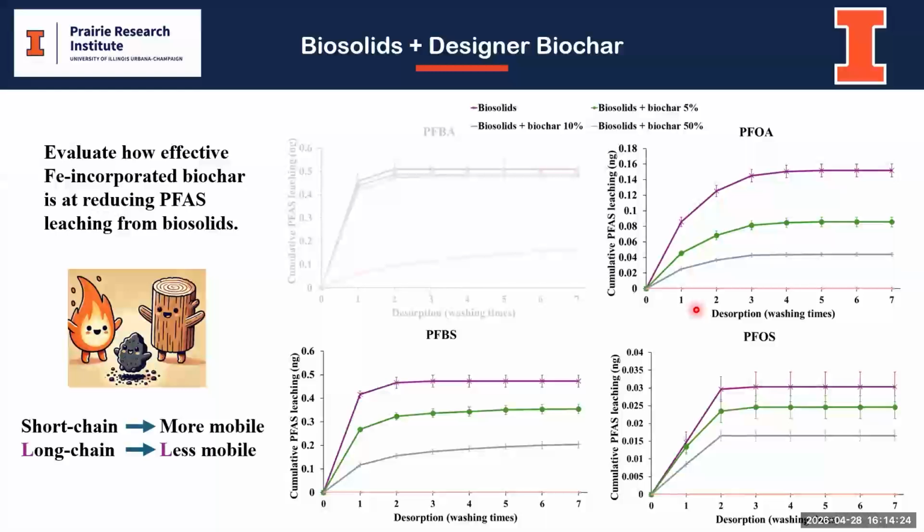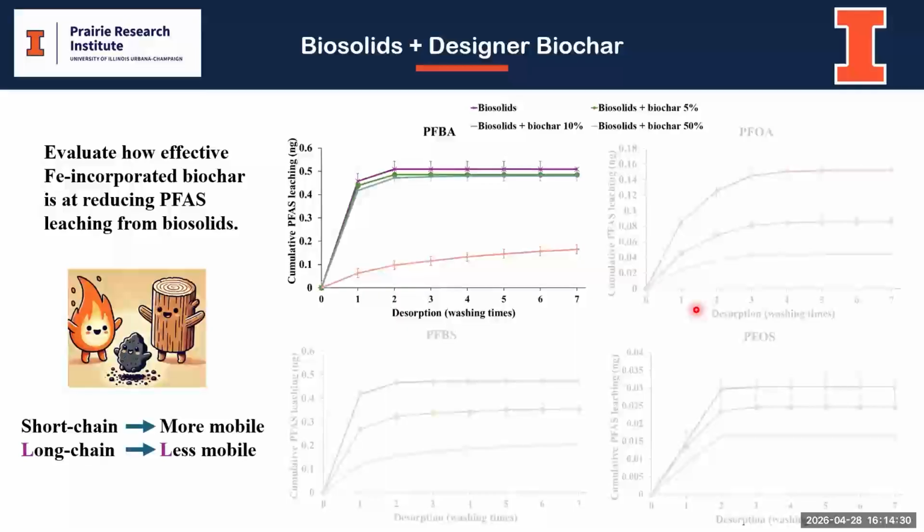Similar results were for the PFOS and PFBS, and the pattern is the same for the PFBA, but we know that this is a more difficult PFAS. For 50% of the biochar, we have some leaching. And this is because the short chain has more mobility, it's more difficult to keep retained in the biochar.